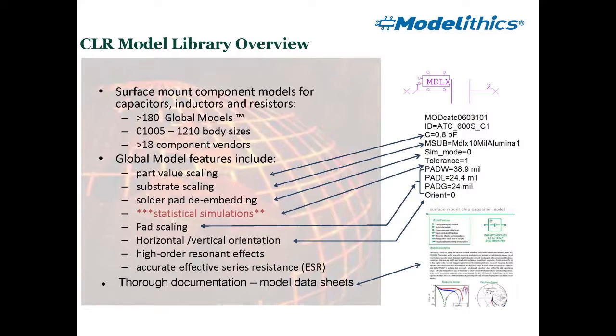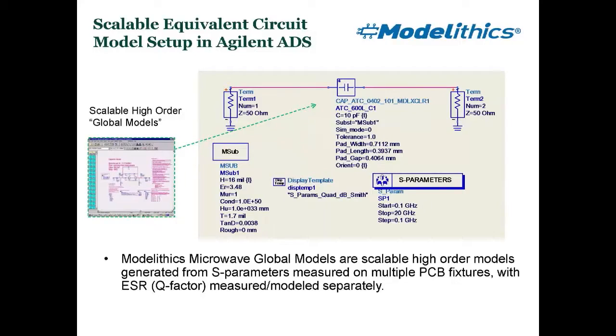There are other elements here I won't get into. This is what it looks like in ADS, and basically what's inside is a complex equivalent circuit model. Another advantage of an equivalent circuit model is that S parameters are limited to the frequency range where the measured data is taken, and if you want to do any extrapolation above and below, you have to be really careful.